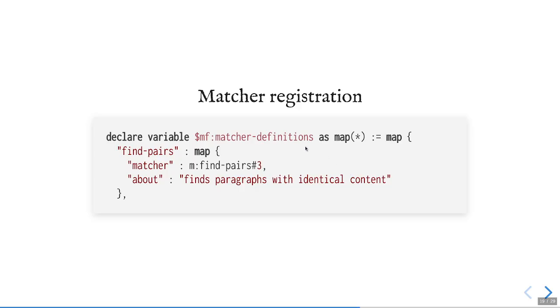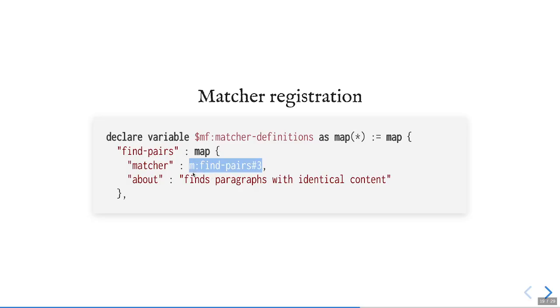So inside the matcher framework module, we have a variable called matcher definitions, and it's a map of maps. So the keys are the name of the matcher, and the values are maps that contain a matcher and an about. The matcher is a function.